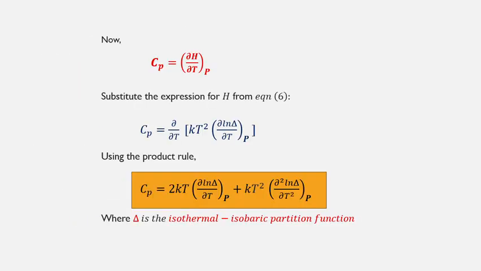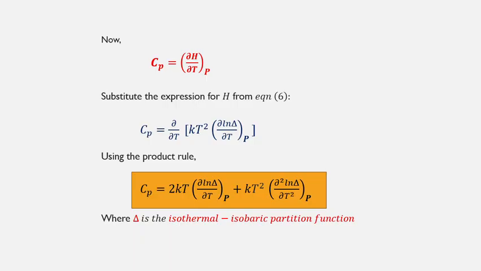Now we know Cp equal to ∂H/∂T at constant pressure P. By substituting the expression for enthalpy from equation 6, we get Cp equal to ∂/∂T of kT² ∂/∂T of log Δ at constant pressure P. Using the product rule, we get Cp equal to 2kT ∂/∂T of log Δ plus kT² ∂²/∂T² of log Δ, where Δ is the isothermal isobaric partition function.